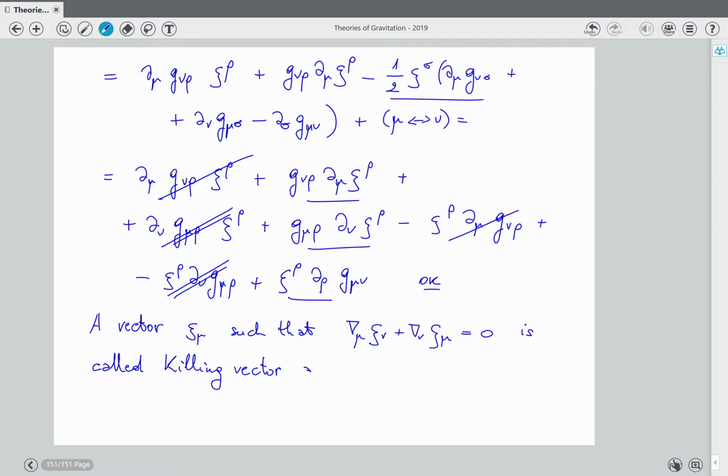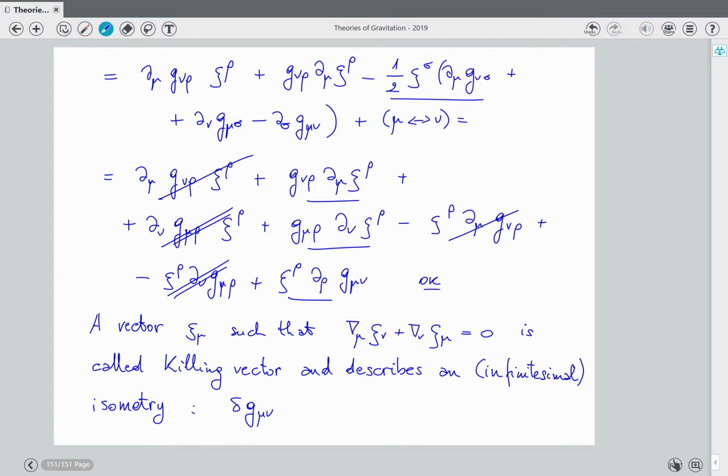And describes an infinitesimal, because here we are in the infinitesimal transformation, isometry, which is a transformation that does not change the metric.